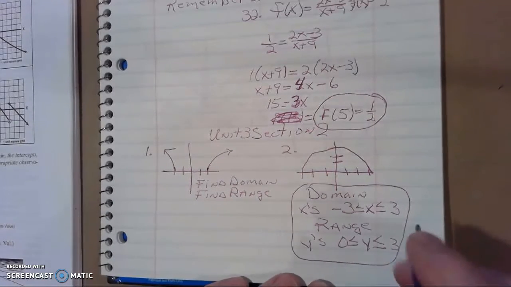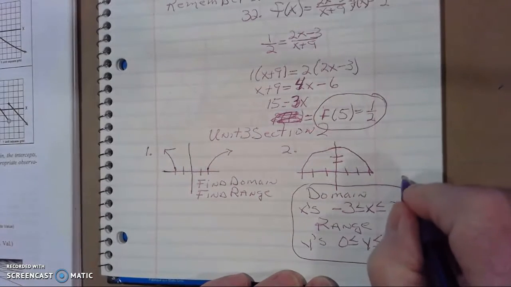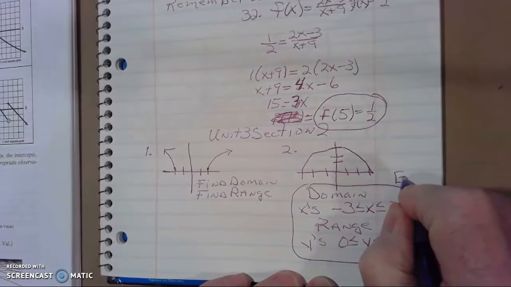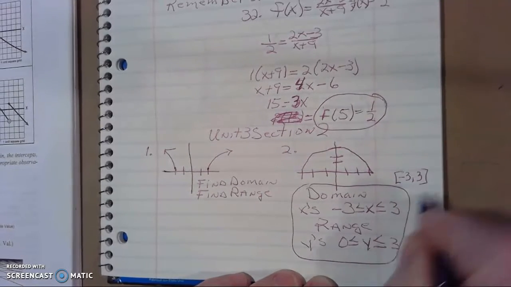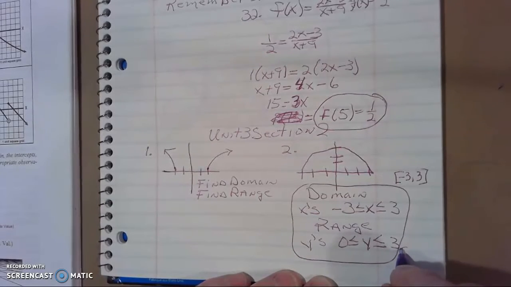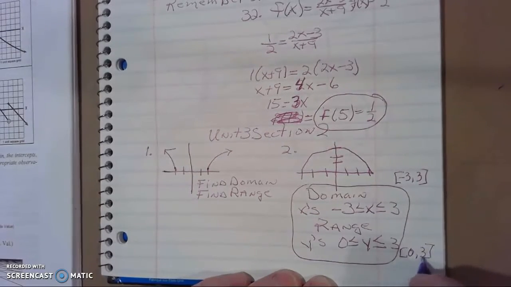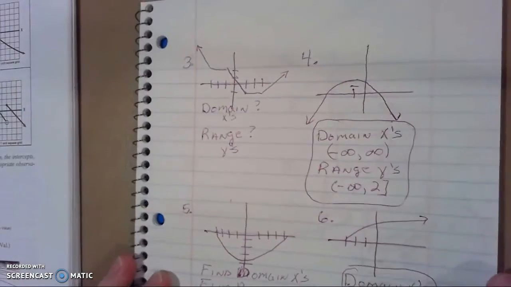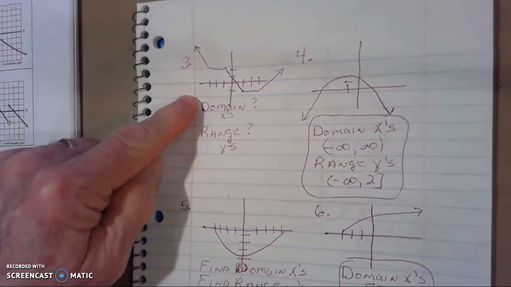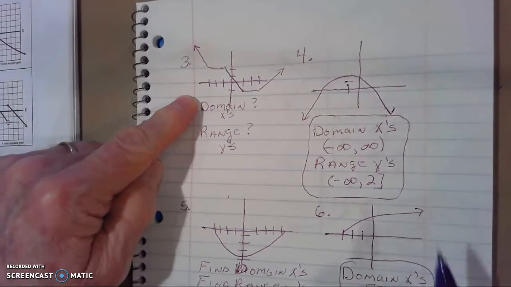Those also could have been written in interval form, -3, 3 in brackets for the first one. The second one, from 0 to 3. The next page, I did draw 3 out kind of, but I'd look in the book, it's a little more well done.